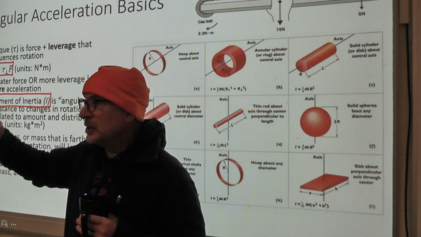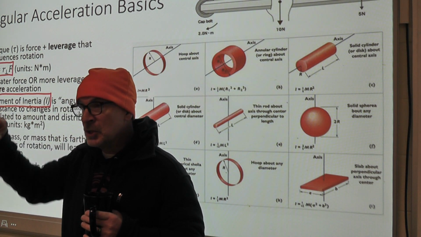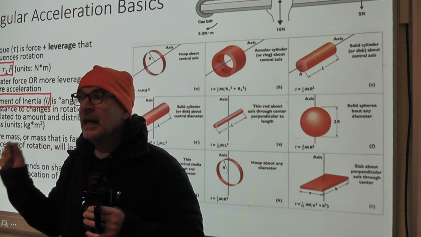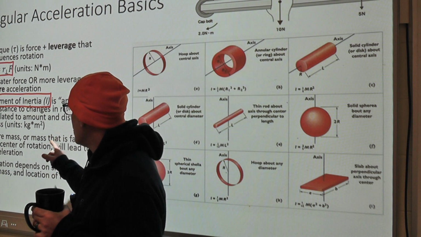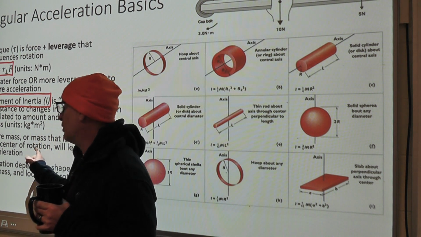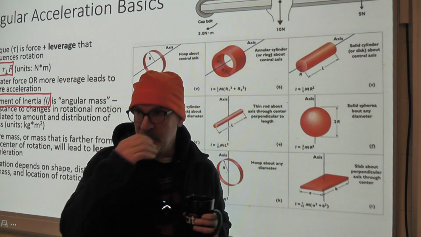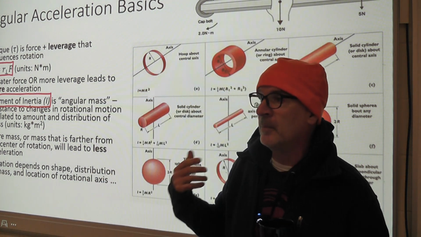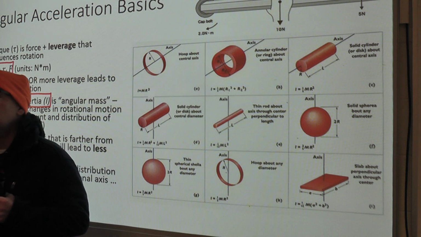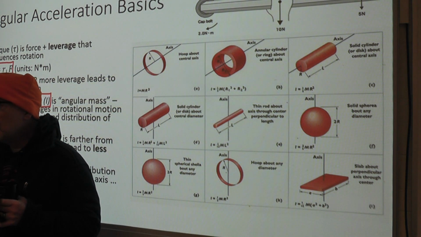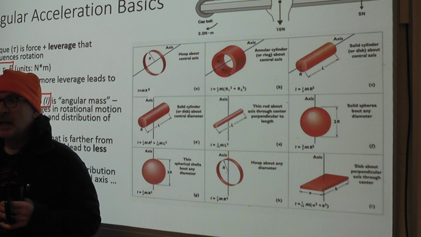In general, the idea is that things are more difficult to change the rotation of if they either have more mass or if they have mass that is farther from the center of rotation. You'll have the opportunity to play around with some things where you can see this in action. But most importantly, you can visualize it.